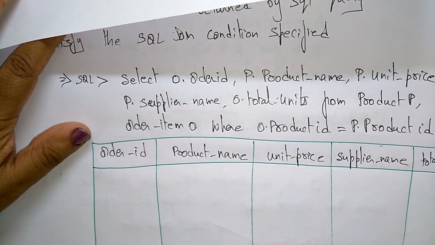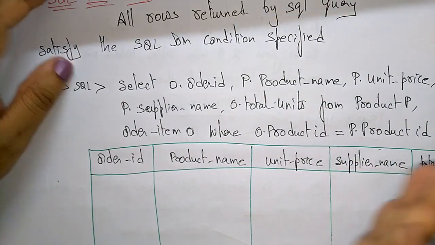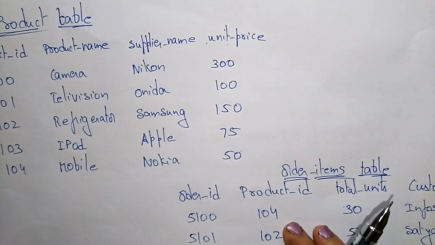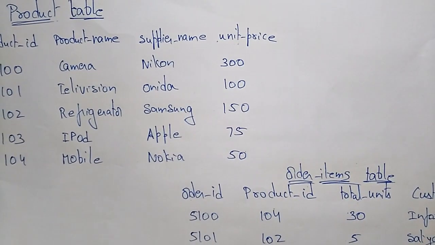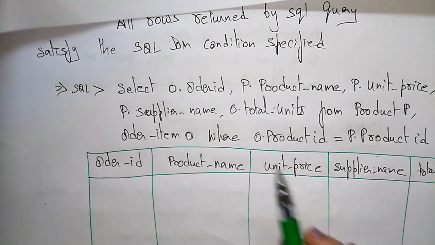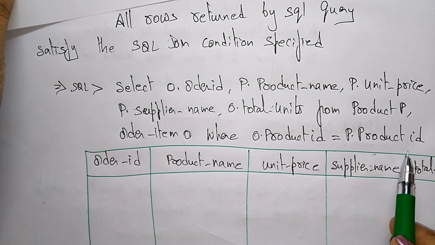Now I selected these fields from two tables, combining the fields present in the product table and ordered item table. But one condition has to be satisfied: O dot product ID equals P dot product ID.